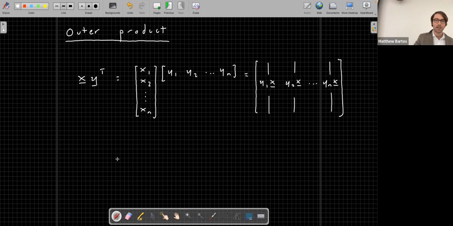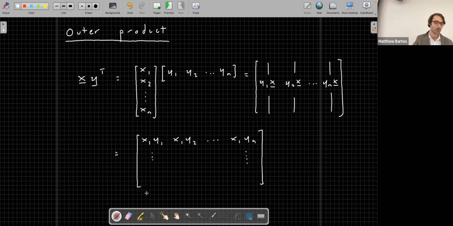If you carry out that multiplication, you should end up with x1 y1 in the first element, x1 y2 in the second element, all the way through x1 yn, the final element of the first row. This pattern continues downwards.